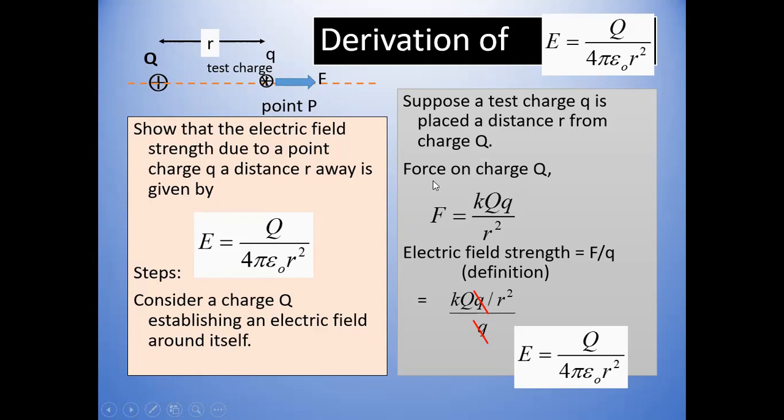That's your Coulomb's law. Then we use the definition to calculate our electric field strength. That's your definition, force divided by charge. So that's your force from Coulomb's law divided by the charge q. So small q cancels off. We get kQ over r squared.